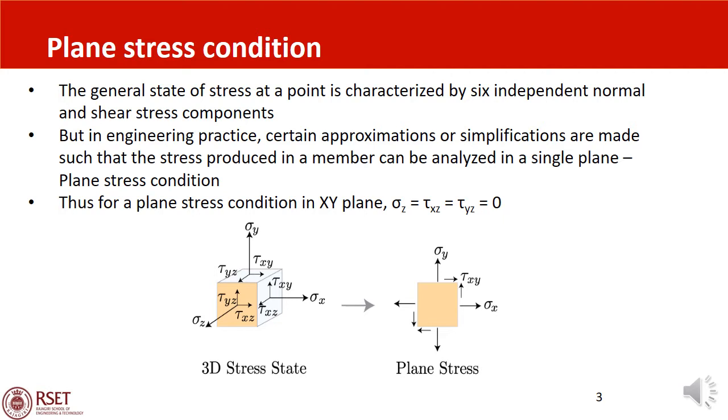Here, this is a general state of stress where you have all the 6 stress components, namely sigma x, sigma y and sigma z as the normal stress components, and tau xy, tau yz and tau xz as the shear stress components. Whereas this is a simplified plane stress state in the xy plane, and you have only sigma x, sigma y and tau xy as the non-zero stress components.